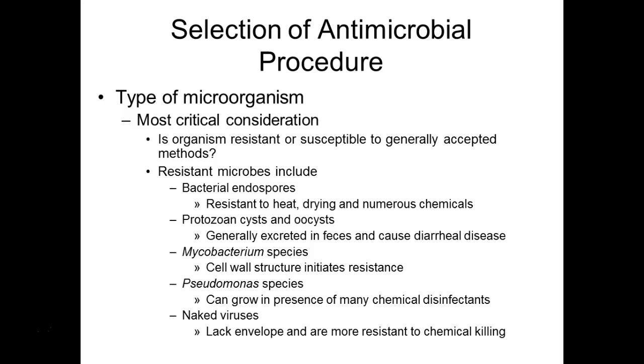They have this layer, and they need this layer to be able to attach to us and then infect our cells. So if we can disrupt that layer with chemicals or heating, then we can stop it from being infectious. So this is how we, quote unquote, can kill viruses with chemicals: we're disrupting that envelope layer.